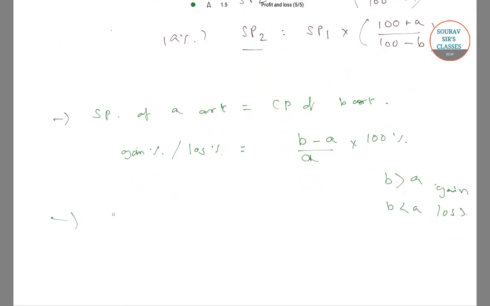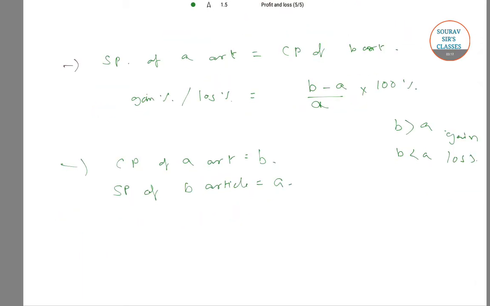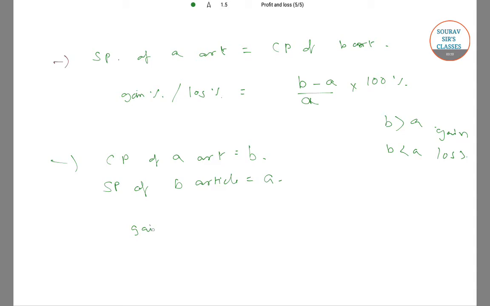Similarly, if the cost price of A articles is equal to the selling price of B articles, then the loss or gain percent is given by (A square minus B square) divided by A square into 100%.